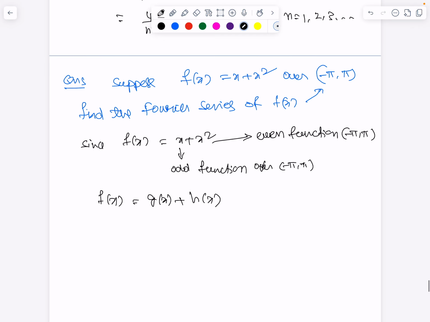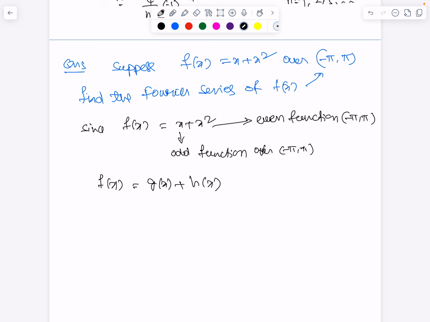So, what is the advantage of this? Suppose you are trying to solve this problem directly.